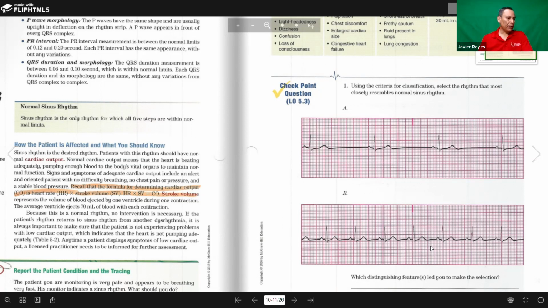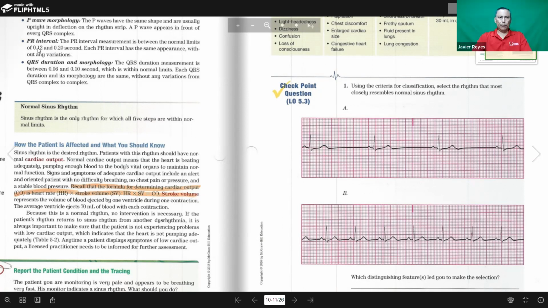Next step, we already covered three things, okay? Now the PR interval. Remember, we have to measure it from here to here. What is the normal measurement for the PR interval? 0.12 to 0.20.